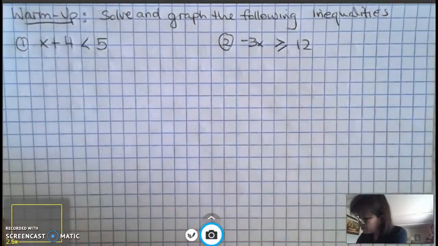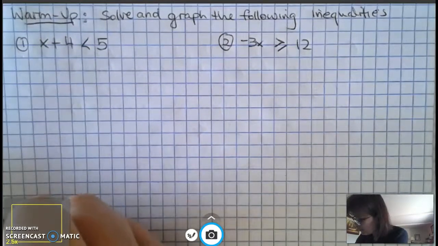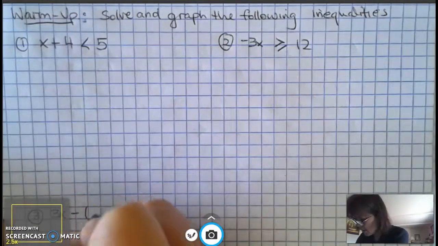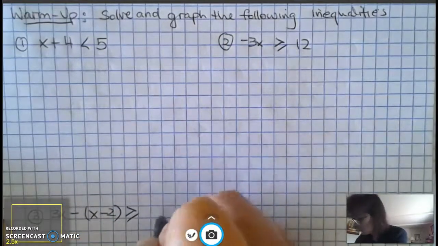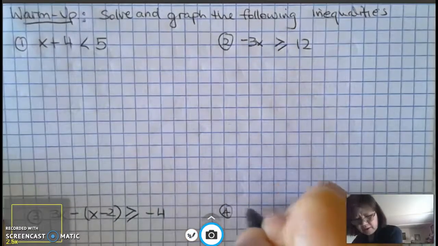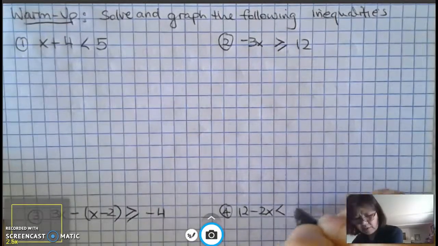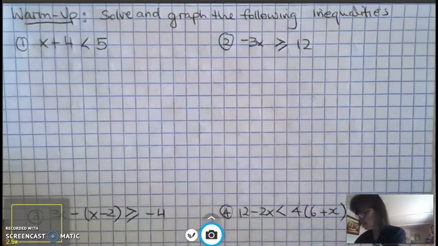Then I am leaving some space here, and I will say number 3 is 3x minus x minus 2 is greater than or equal to negative 4. And number 4 finally is 12 minus 2x is less than 4 times 6 plus x.